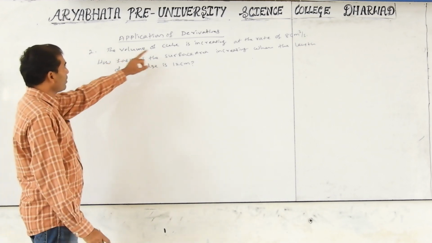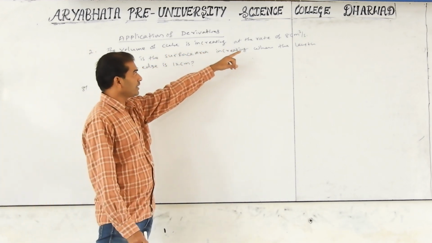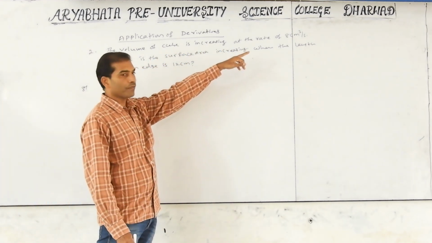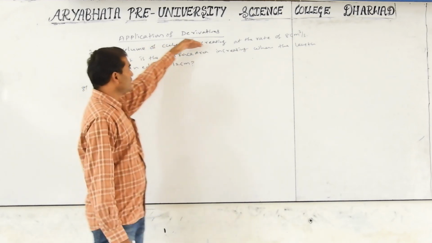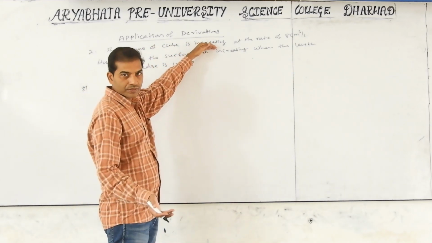See, the volume of the cube is increasing at the rate of 8 centimeter cube per second. Increasing means positive.